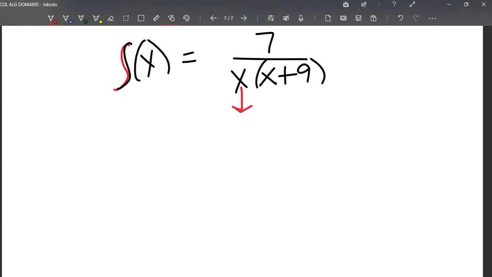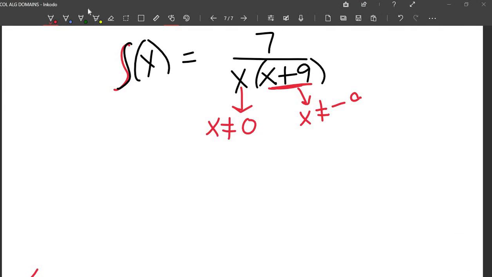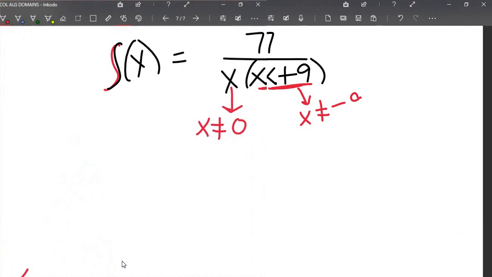Because there's an x on the outside, one of my numbers cannot be 0. This x plus 9 tells me x cannot be negative 9.